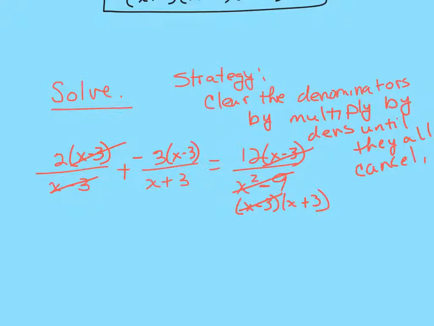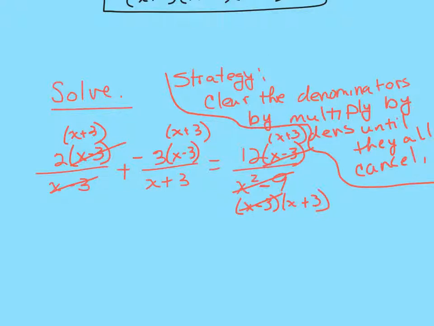Okay, let's go to the next one then. Let's take this x plus 3 and let's multiply everything by it. So I got to do it to all of them. Got to do it here. Got to do it here. Got to do it back here. Now let's go through and cancel whatever will cancel now.